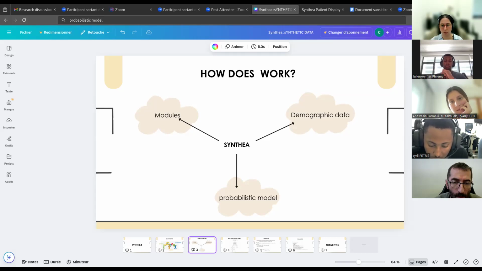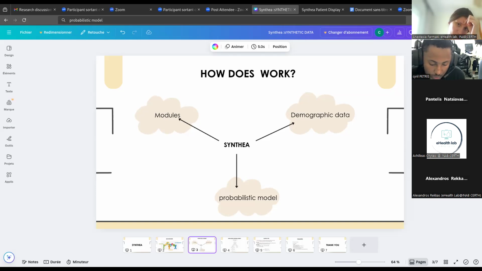Basically, if 20% of people in Paris have COVID-19, that data will be stored in the demographic data, and the Synthea tool will try to create a scenario where around 20% of the population has this disease. All of this is carried by a probabilistic model that helps to weight the different probabilities in the graph.